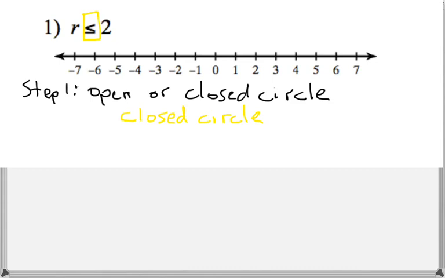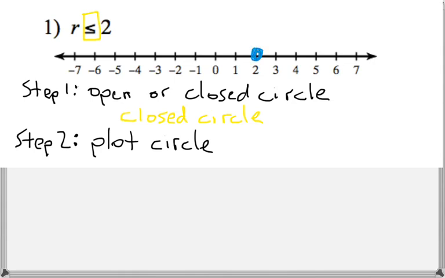Where is that circle going to be located? At the 2. So step 2 is to plot your open or closed circle. So for us, it was located at 2, and it was going to be a closed circle.